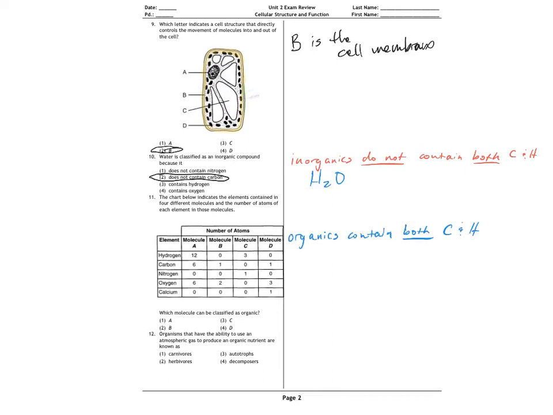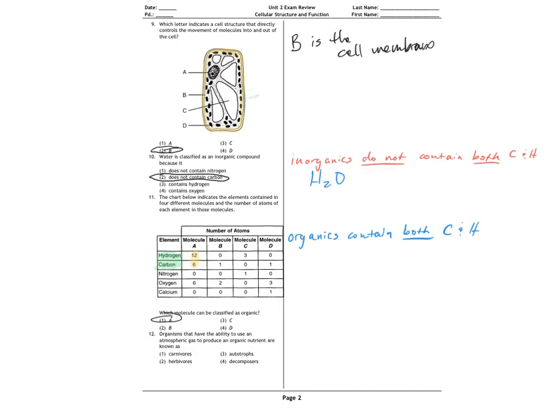Conversely, for number 11, we're charged with determining which compounds are considered organic. Organics are going to contain both carbon and hydrogen. And of the choices I can see here, only molecule A contains atoms of carbon and hydrogen at the same time. So the best answer choice is choice 1.